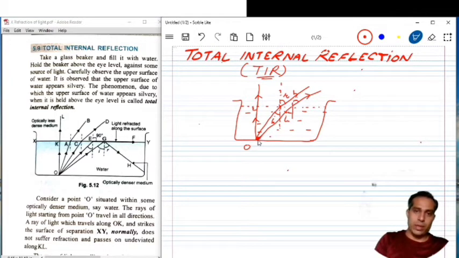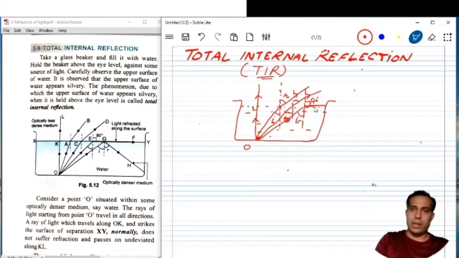The stage will be reached when the ray of light gets refracted along the surface of water like this. The angle of refraction is also increasing. The stage will be reached when the angle of refraction is 90 degrees, which means the light ray gets refracted along the surface.